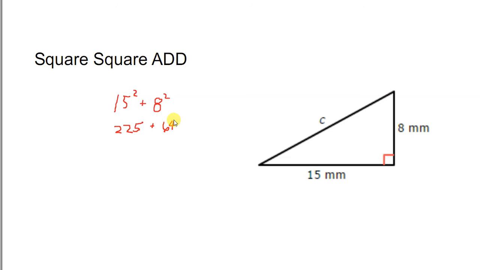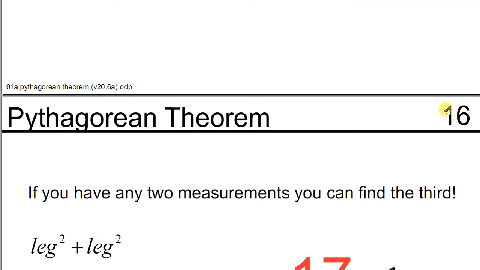I add those two numbers together, which gives me something with a 9 in it. What's that, 289? I am using a calculator. You can use a calculator also. That takes me to 289. And then I'm going to take the square root of that, and that's going to take me down to 17. And the next one I'll just do in my notebook. Okay, that's how that works. So 17.